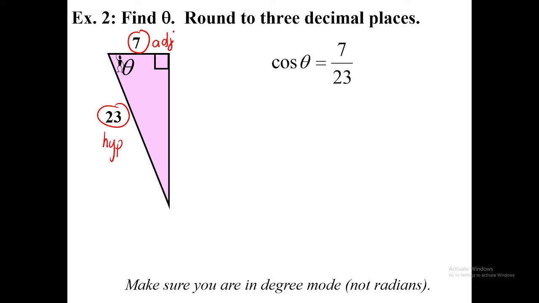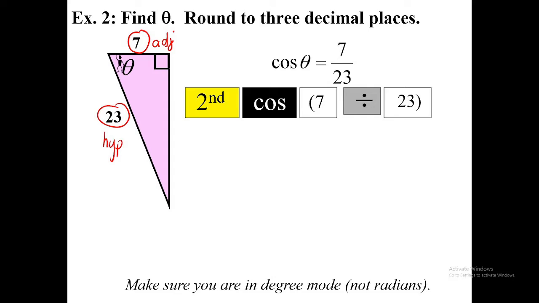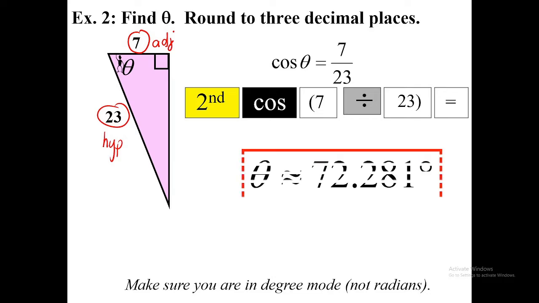So, cosine theta is equal to 7 divided by 23. Use your calculator now. Second function or shift, cosine, then parenthesis, 7 divided by 23, close parenthesis. What is that equal to in 3 decimal places? 72.281. That's totally right. So this will be our theta. That's the measurement of the angle.